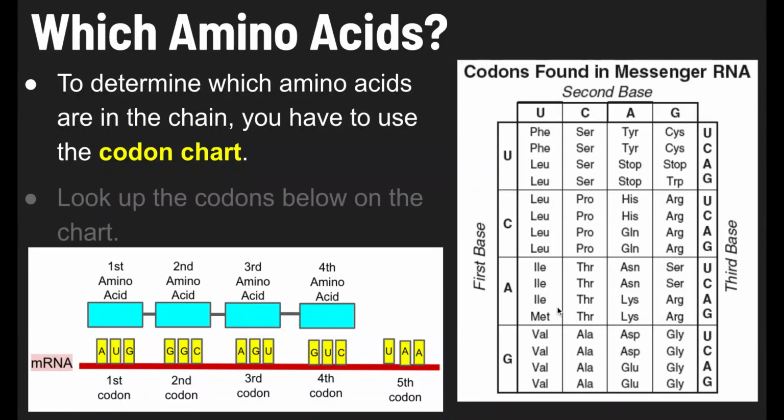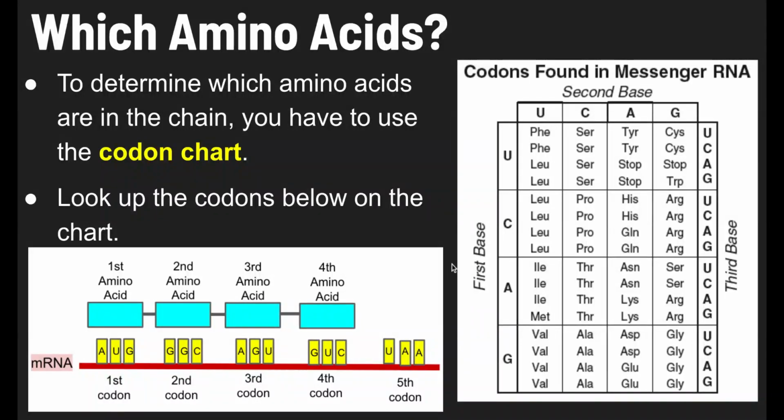And essentially what you do is you just look up the codons that are on your mRNA. So these are the codons. You're going to look up these letters on the table and identify the amino acid that matches up. Let me show you how to do that. Look at this first codon. Our first codon is AUG.